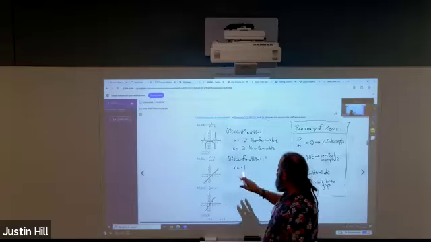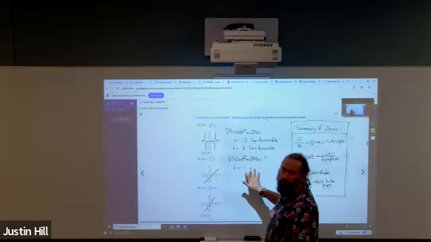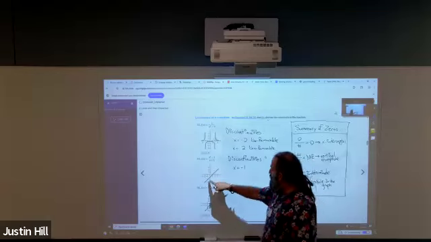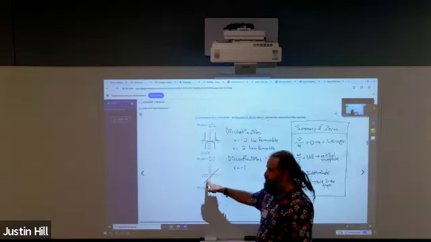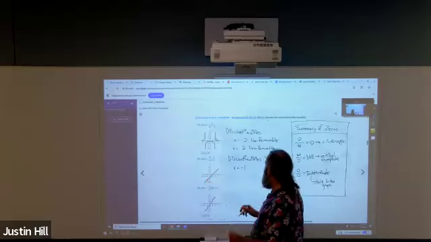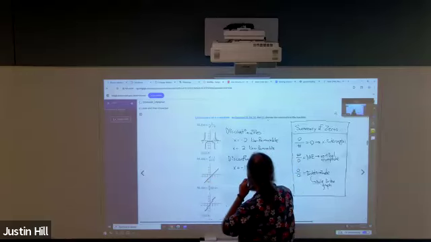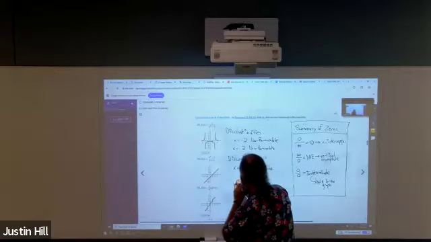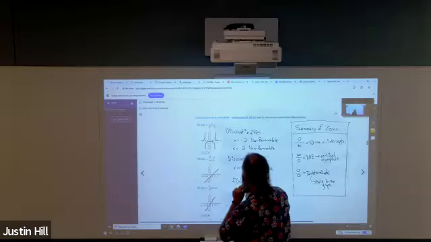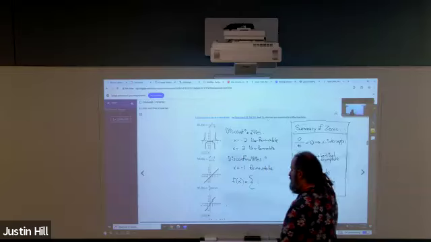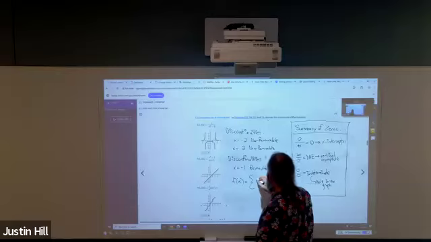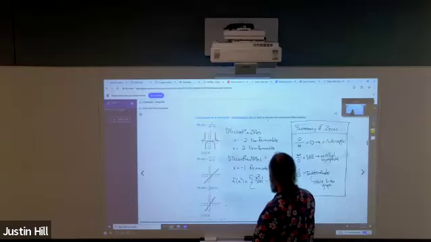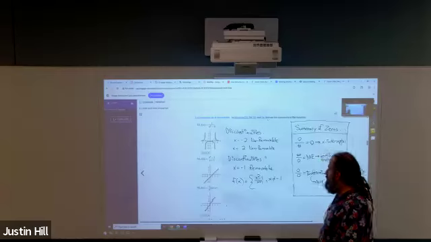So again, what we're saying is this is a removable discontinuity. We could remove the discontinuity by literally plugging that point in there. Quite literally, we could redefine this function as a piecewise function where it's x squared minus 1 over x plus 1 for everywhere except the discontinuity.